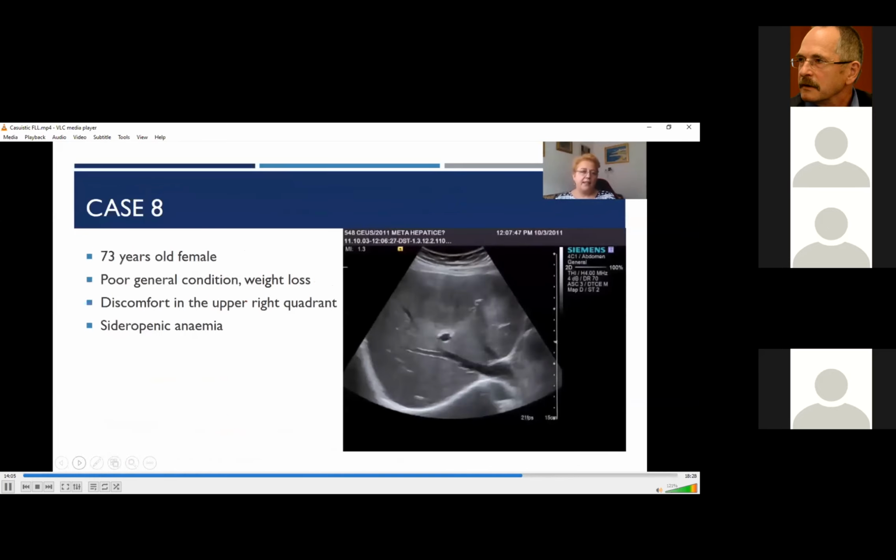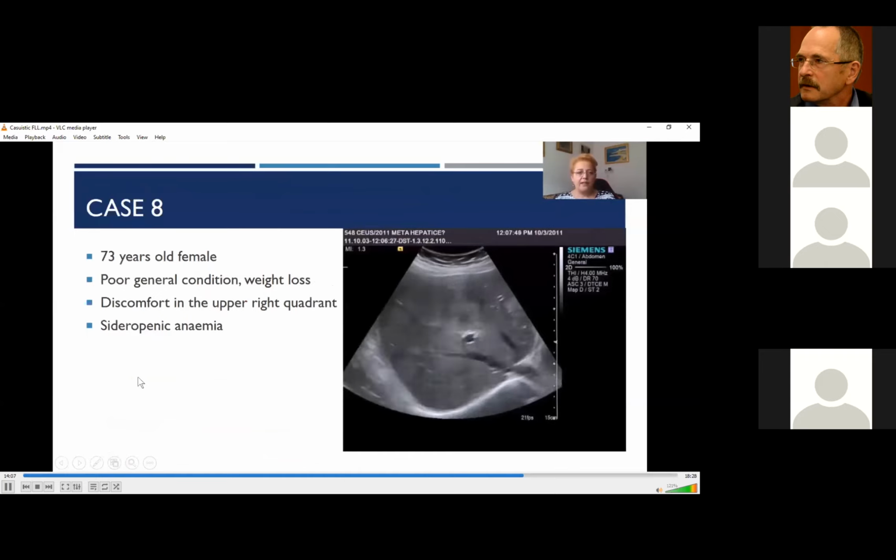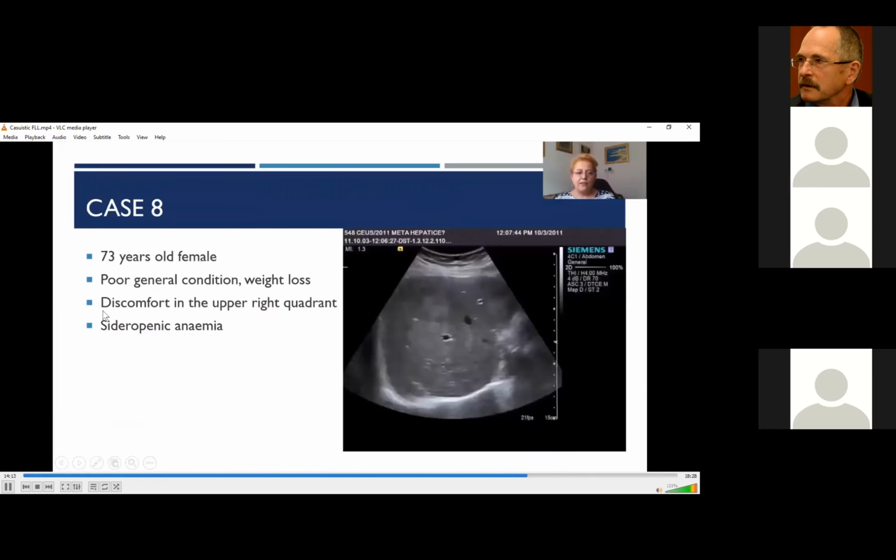The eighth case is a 73-year-old female with poor general condition and weight loss, who also had discomfort in the upper right quadrant, and she also had a sideropenic anemia. And this is what we found in ultrasound.